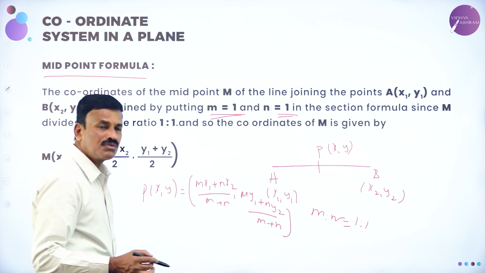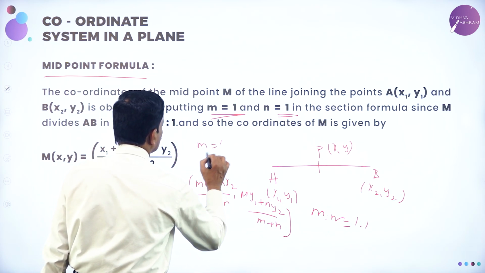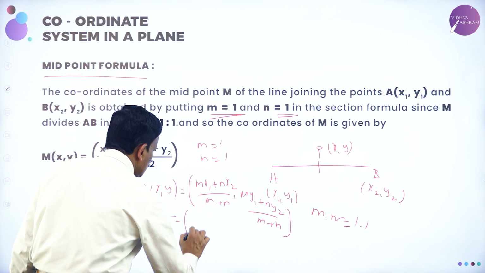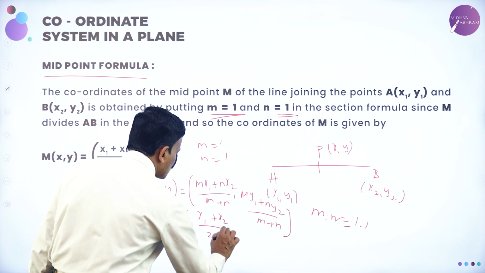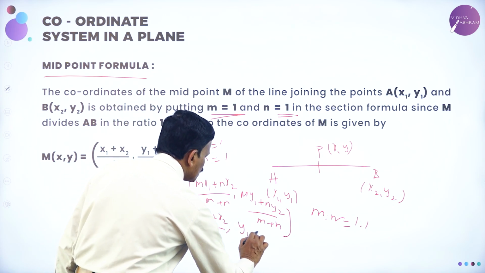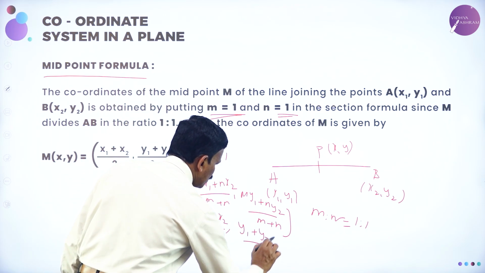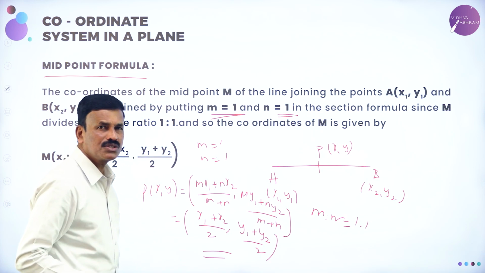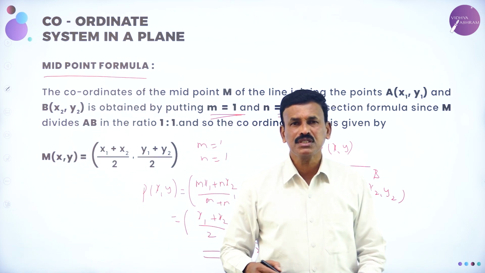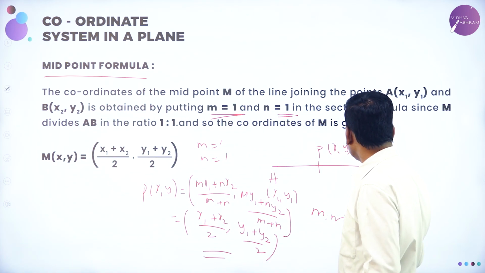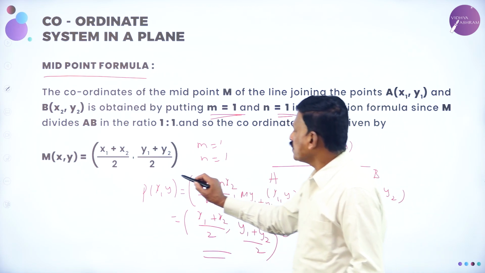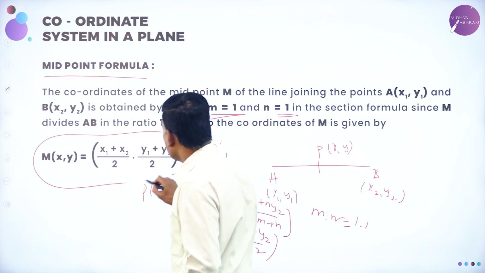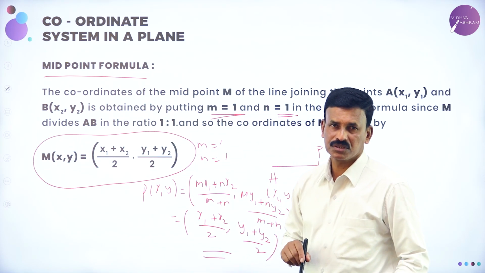Just take m = 1 and n = 1, then this is 1 into x1 is x1 plus x2 divided by 1 + 1 is 2, y1 plus y2 divided by 2. This is called the midpoint. So the midpoint of the line joining (x1, y1) and (x2, y2) is ((x1 + x2)/2, (y1 + y2)/2). This is the formula used to find the midpoint.